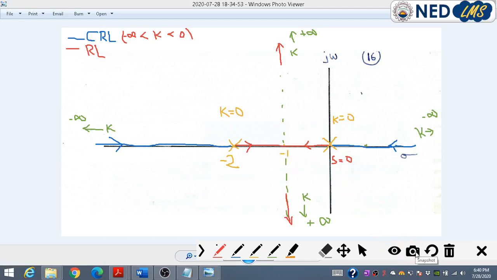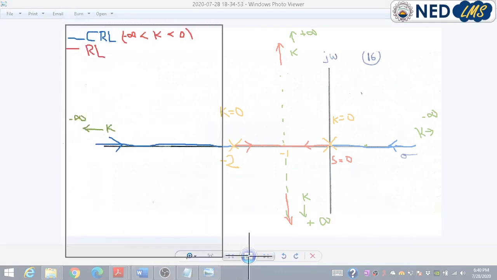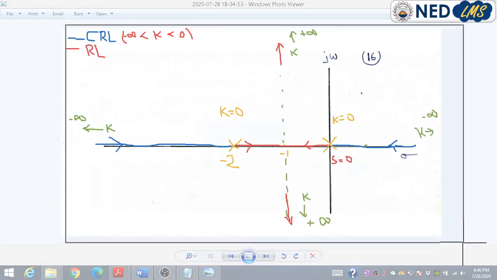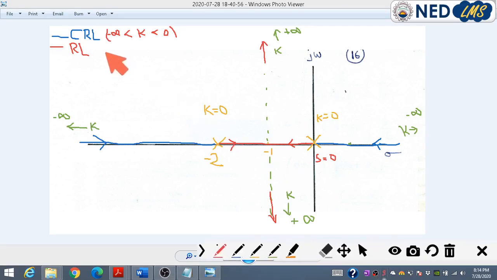Once again, I should save this image for future use. As I have said earlier, when these two branches move along RL, the range of the RL is k greater than or equal to 0 and less than positive infinity.